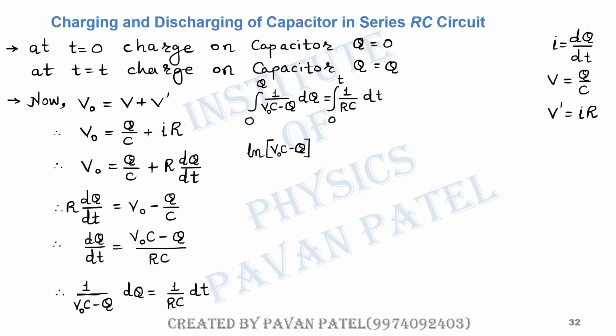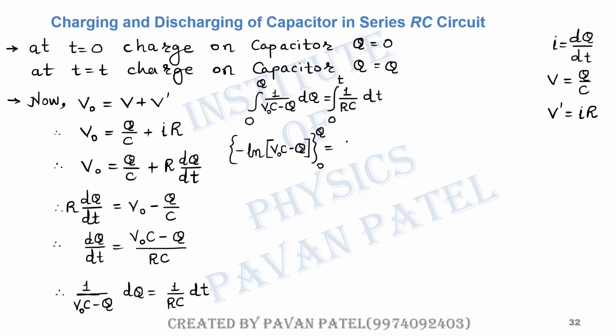Because variable q has a minus sign, we have to multiply it with a minus sign. That's the law of integration. ये इंटीग्रेशन का एक रूल है और लिमिट जो हो जाएगा that will be 0 to q.